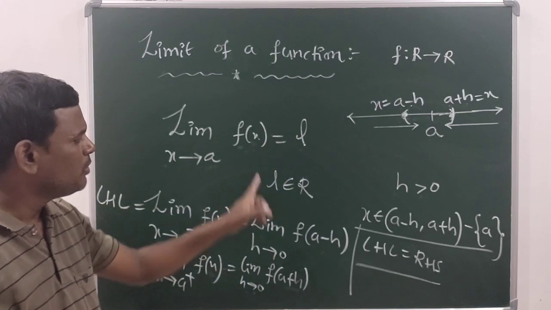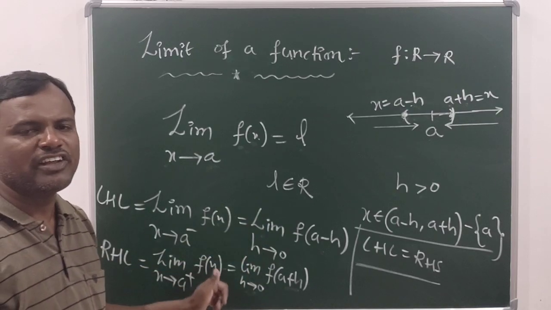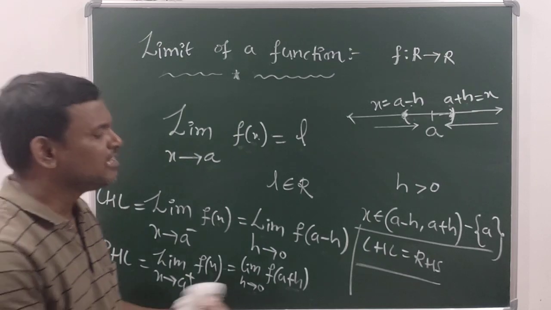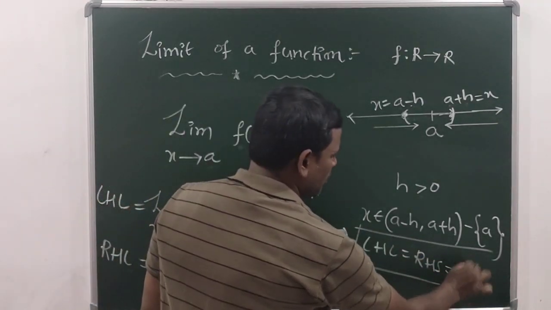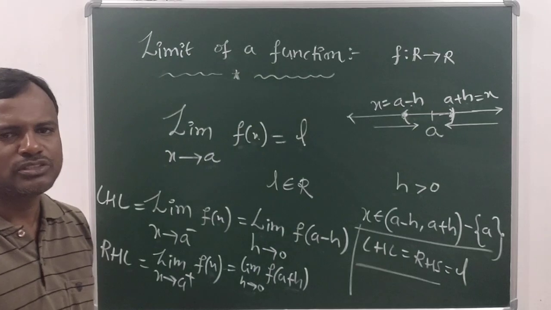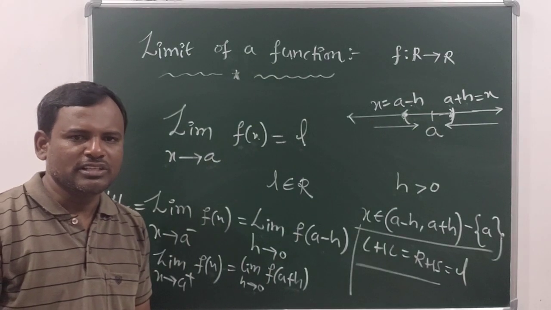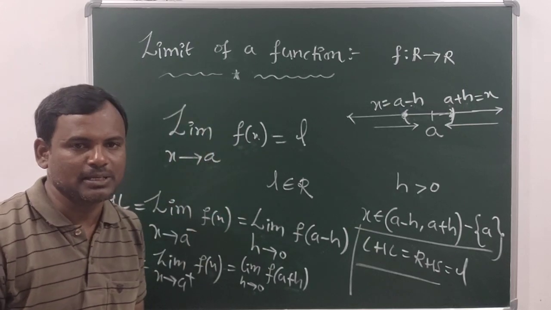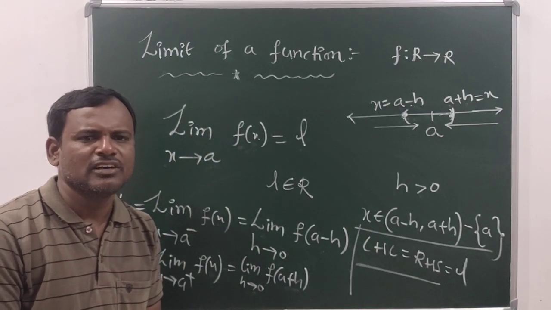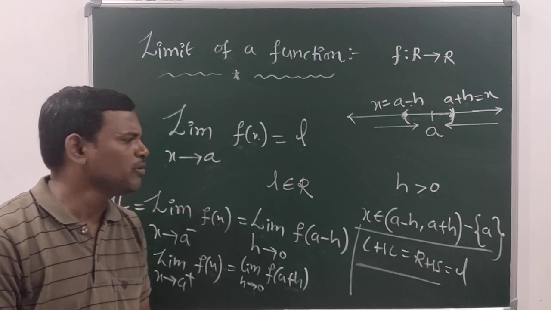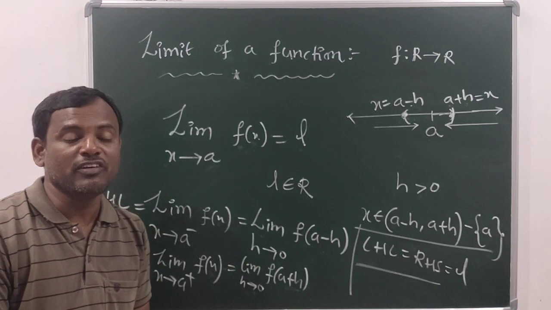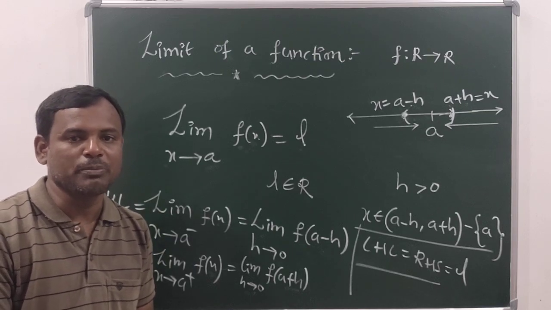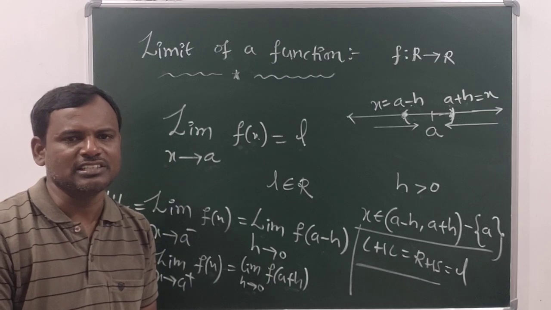So whenever both the left hand limit and right hand limit are equal, then you can say that the limit of the function exists, and that limit value is equal to L. Okay, students, I hope you have understood the definition of limit of a function. In future classes from this calculus, I will explain when the limit of a function does not exist, and all those properties we will discuss in further classes.